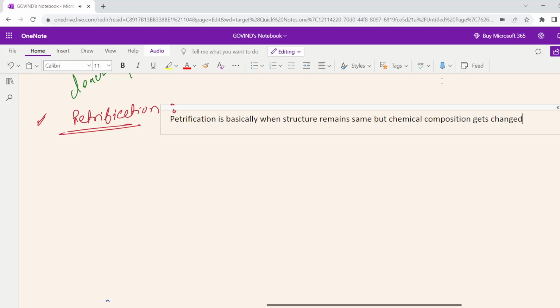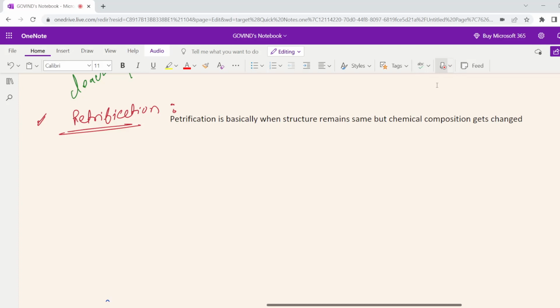Now let us take a situation, everyone. Let's take an organism, for example a wood trunk. What may happen if it is buried?